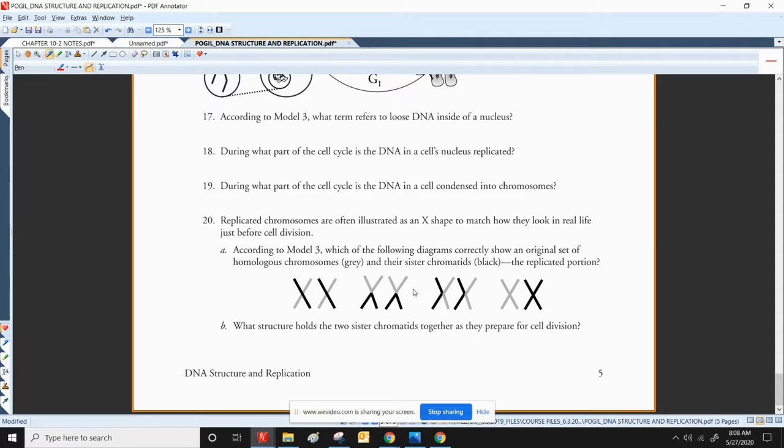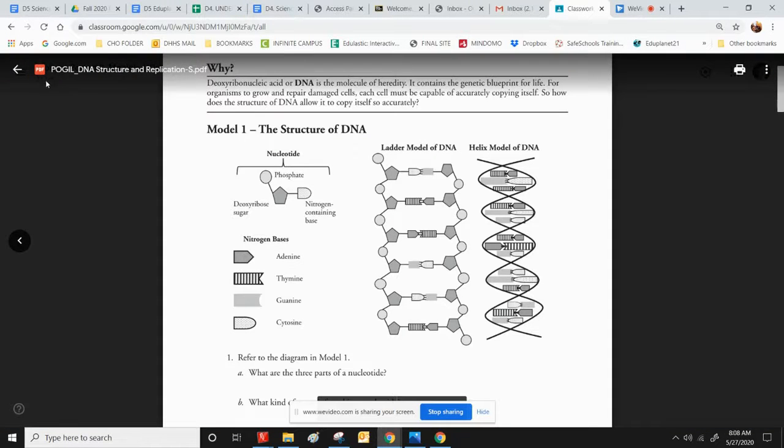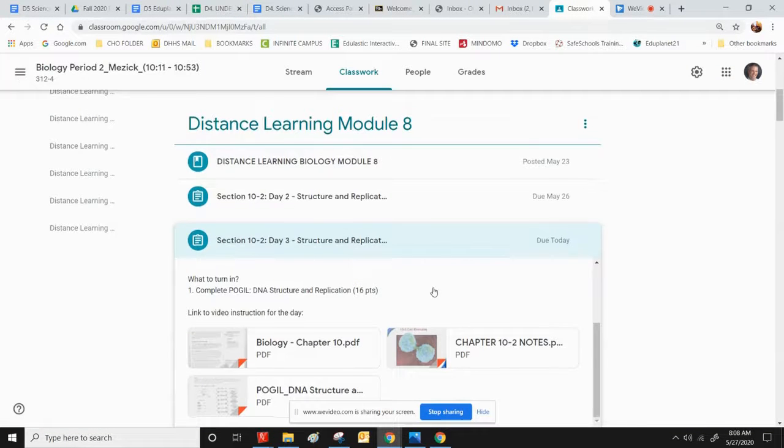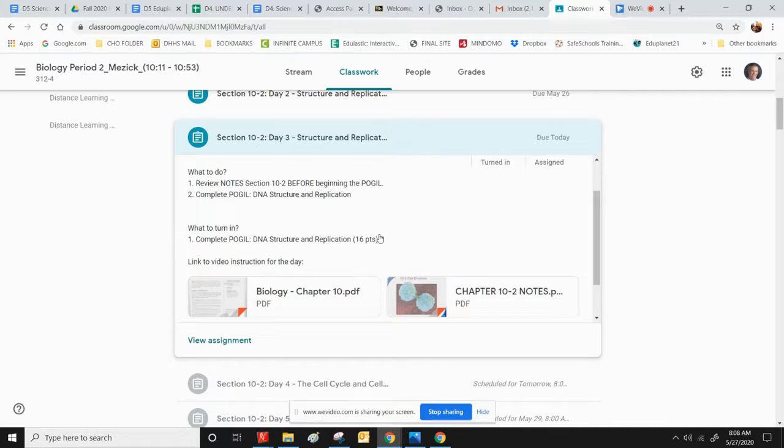That's it. It does go up to question 20. So let's go back. In addition to the notes, you also have the chapter. I'm pretty sure this is an Edulastic that you're going to have to do.